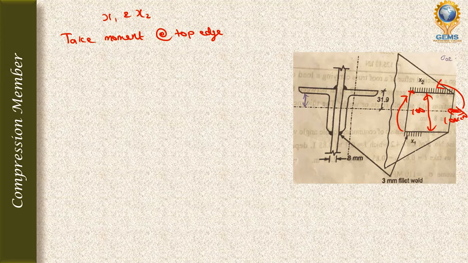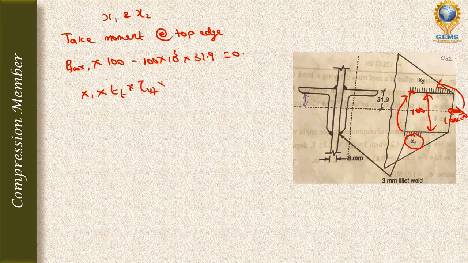So if you take moment at the top angle, PFW x1 into 100 minus 100 kilonewton, converted into Newton, into 31.9 is equal to 0. So P strength of the fillet weld, that is x1, the length of the fillet weld, into throat thickness into tau VF into 100 is equal to 100 into 10 to the power 3 into 31.9.